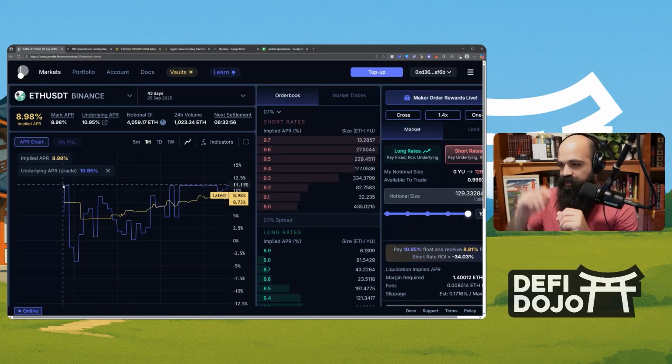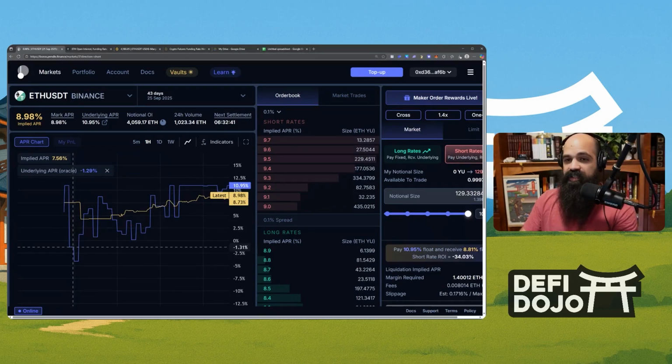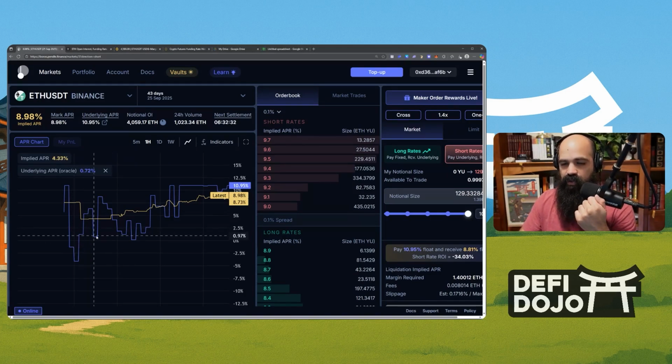That's why it looks like it has corners and peaks and troughs and looks a lot more robotic than the last, because each one of these corners is a settlement period. So effectively an 8-hour increment. So it settled here, settled here, settled here, settled here, et cetera. And this is the actual funding that was either paid or received on Binance to people who are shorting and longing ETH using that perpetual market.